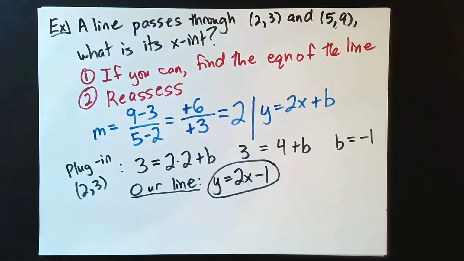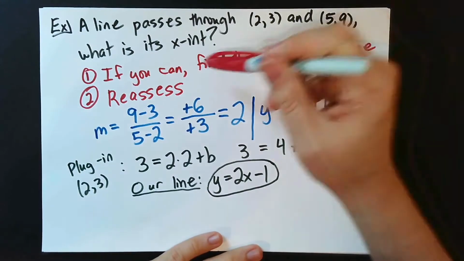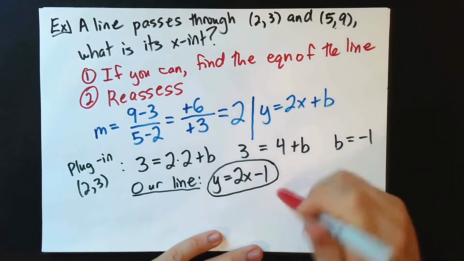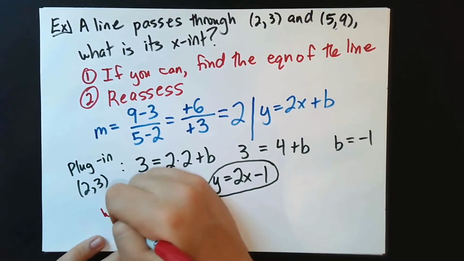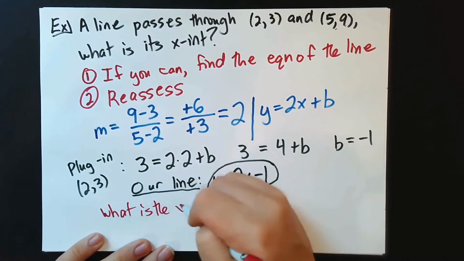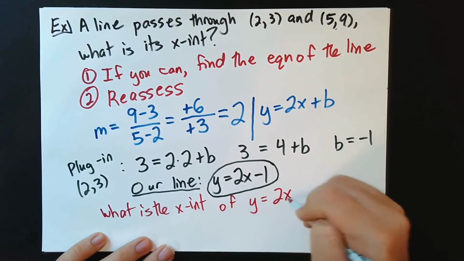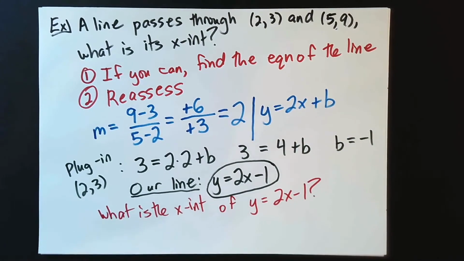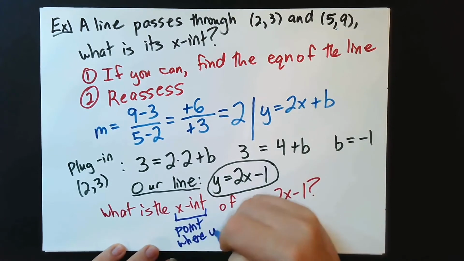Okay, so if I recall, my outline here was, we'll find the equation of the line first, then reassess. We found the equation of the line, we now need to reassess. Really, now what the question is asking is, what is the x-intercept of y = 2x - 1. And so here, I have to ask myself, what's an x-intercept again? An x-intercept is a point where y is equal to 0.